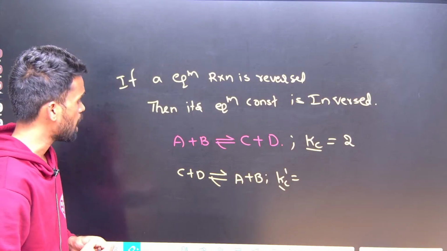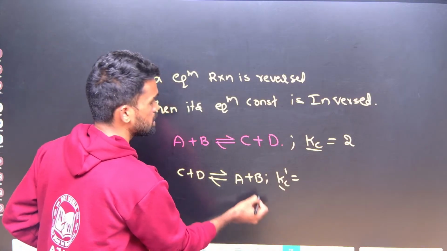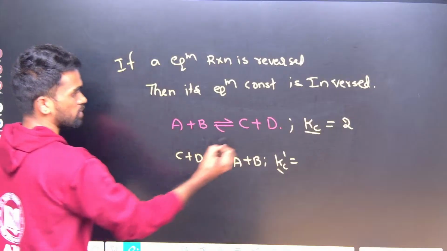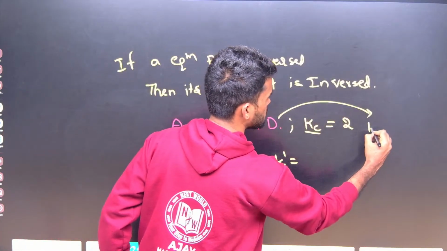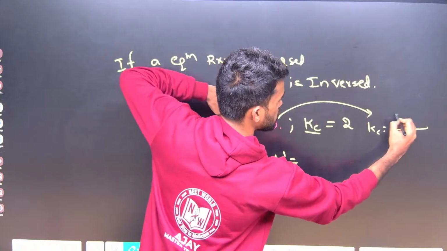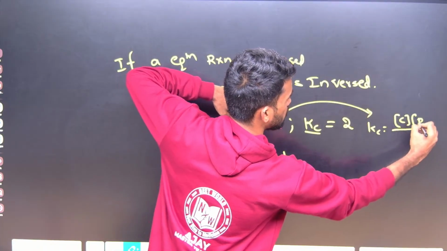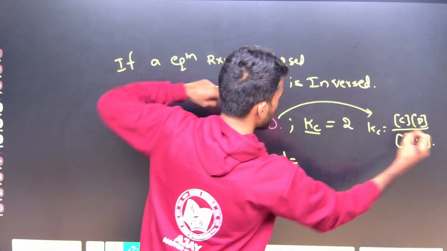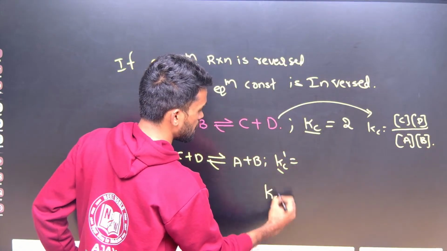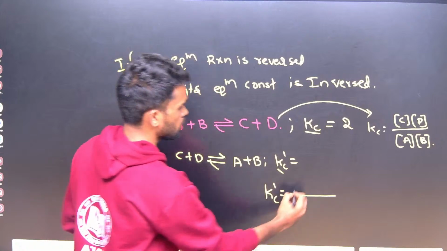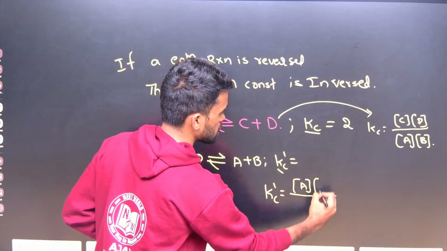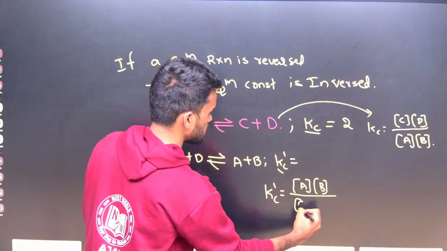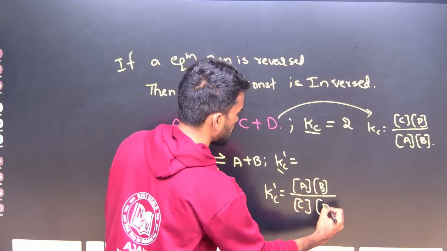So for Kc, you will write the equilibrium constant for the first reaction as Kc equals the concentration of products C into D by the concentration of A into B. Whereas Kc dash will be written as the concentration of A into the concentration of B by the concentration of C into the concentration of D.